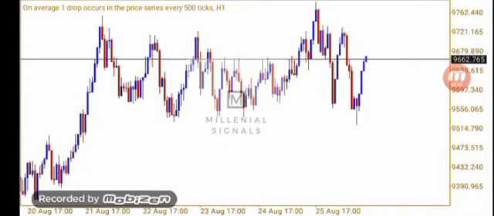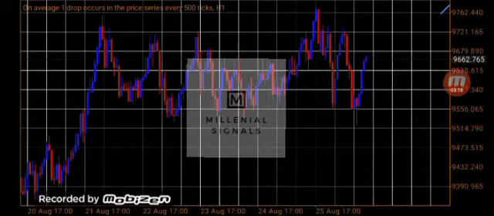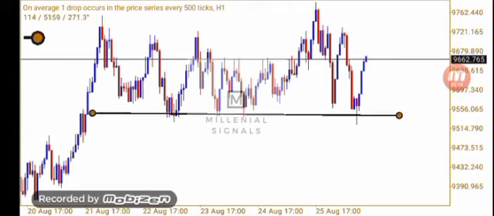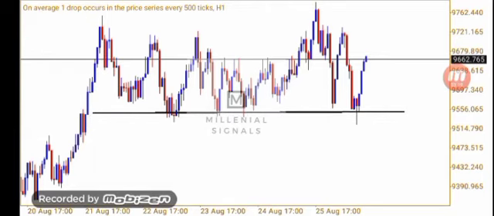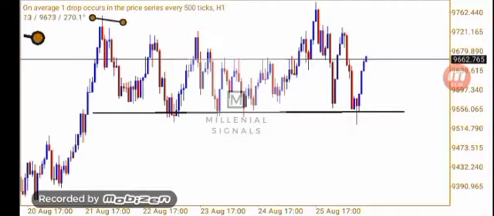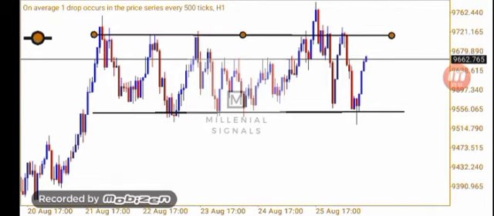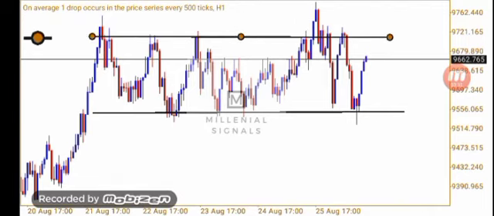Now the first thing I'm going to do is first identify the key levels, support and resistance. So I'm going to draw a trend line. Alright, that's our support level. Now let me draw the resistance level. I think I can take this lower so that we can get as many touches as possible.